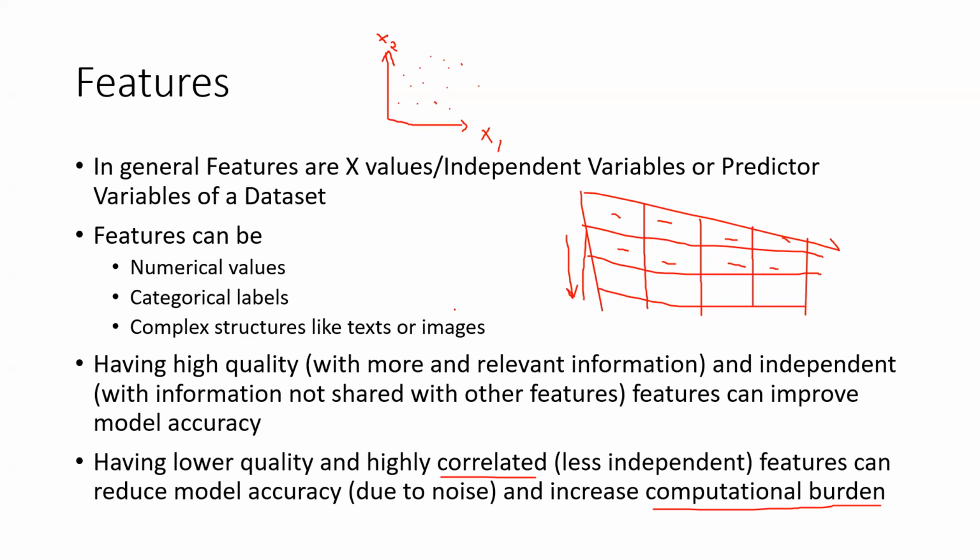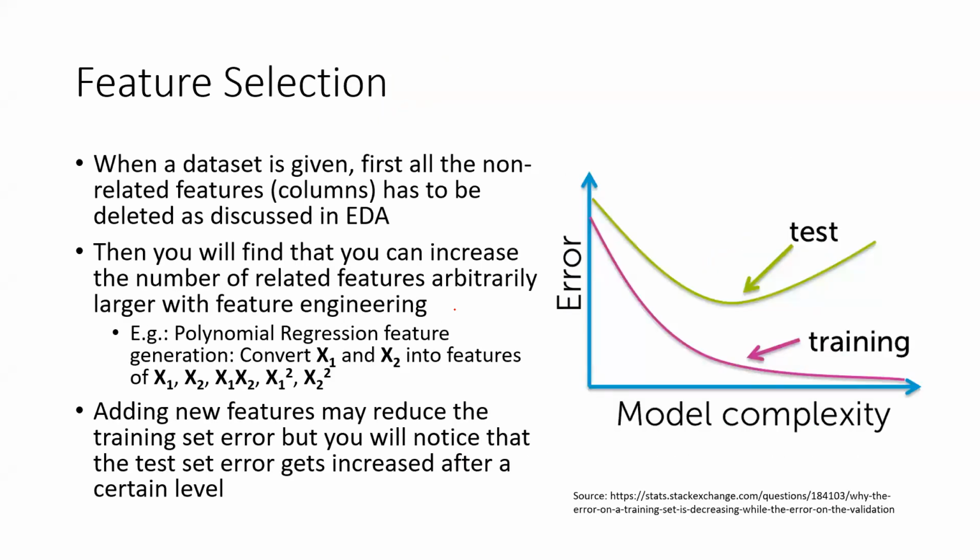Because of that, we have to find the right features, right? So selecting the correct features is the most important thing for creating machine learning models, right?